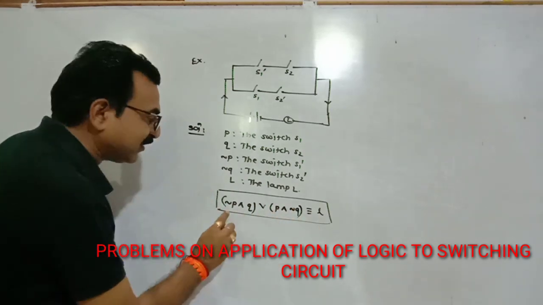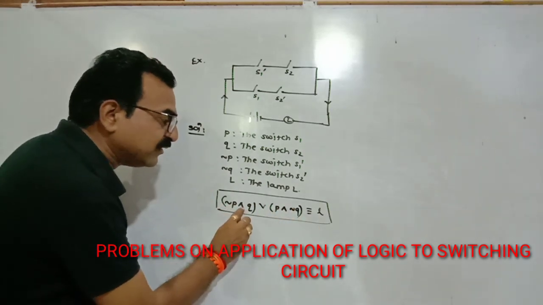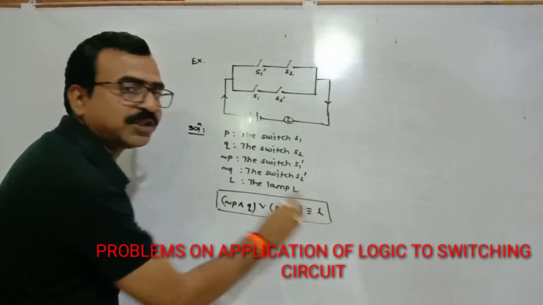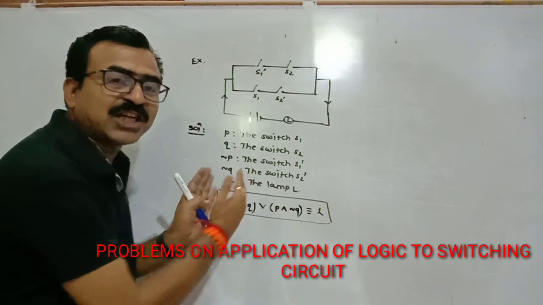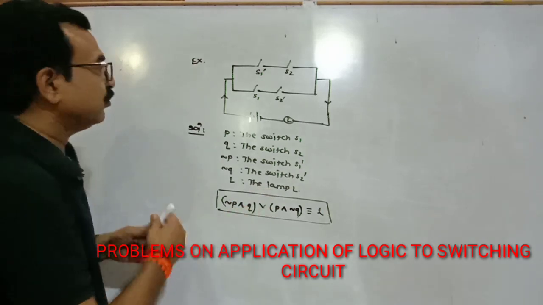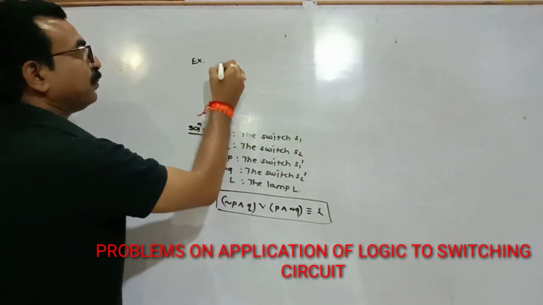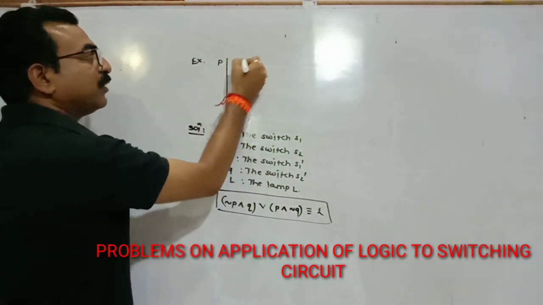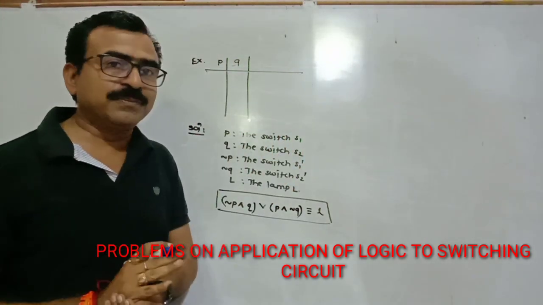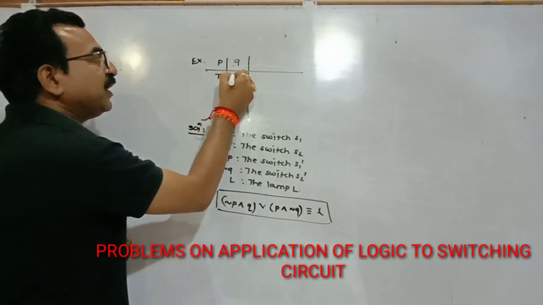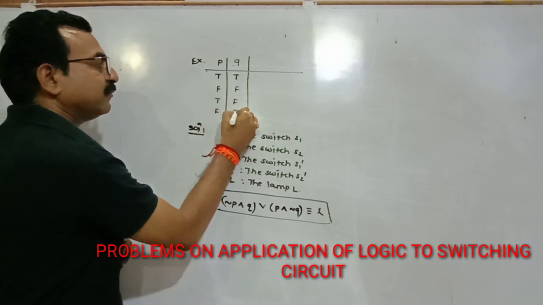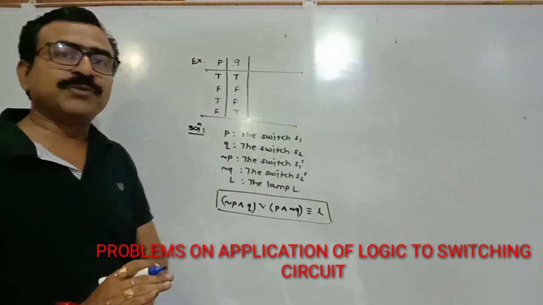This statement pattern is read as negation P, conjunction Q, disjunction P, conjunction negation Q. In this statement pattern there are two statements, P and Q. So write down P and Q. And you also know that two statements have four possibilities, that is TT, FF, TF and FT. This is your first rule.